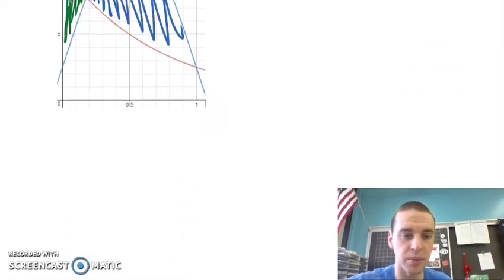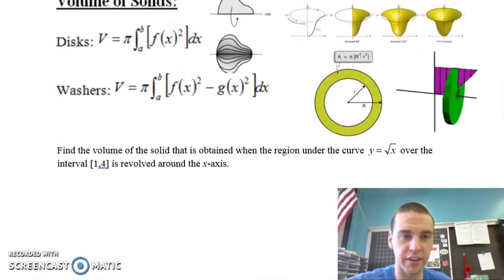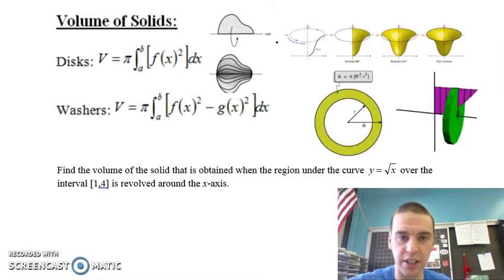Okay, so now let's look at volume. There are two different ideas here. One, we have a disk: the idea that you have a function bounded by the x-axis. We're going to rotate it about the x-axis, and you can see going to this problem that there's no hole, it's just a disk, it's solid.